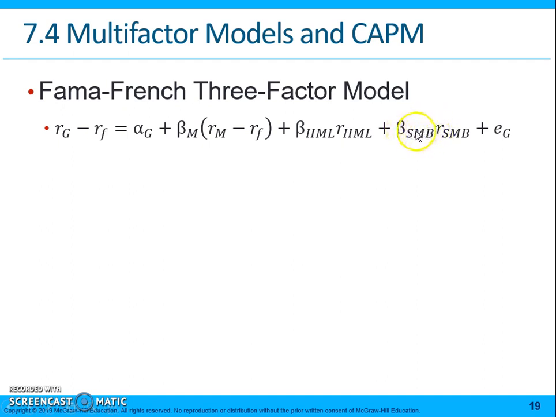So the beta for small firms multiplied by that return, and then we have an error term as well. So the Fama-French three-factor model is very effective. It does explain more than the capital asset pricing model, and again is widely used.